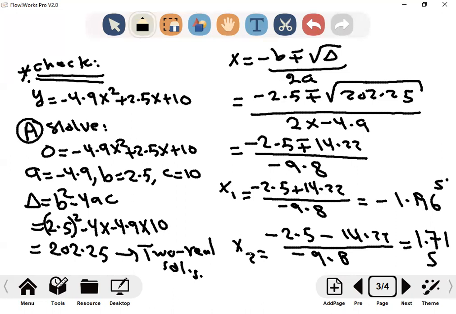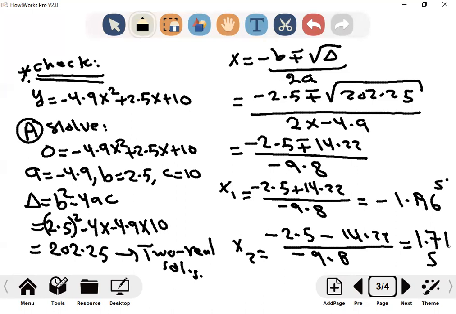Interpreting the root means to explain the root, to tell what the roots mean, right? Now x1 is negative, and they said in the question x is time in seconds. Time in seconds cannot be negative, right? So what I will say is x2 equals 1.71. What does this mean?